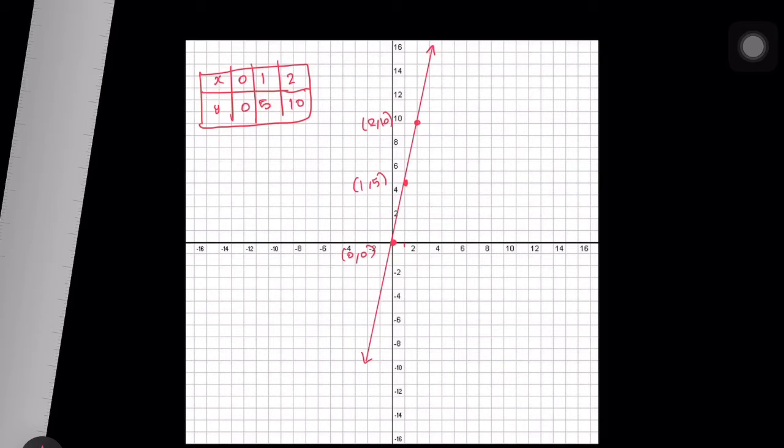So the equation of this line is y is equal to 5x. Then, what are the given questions?